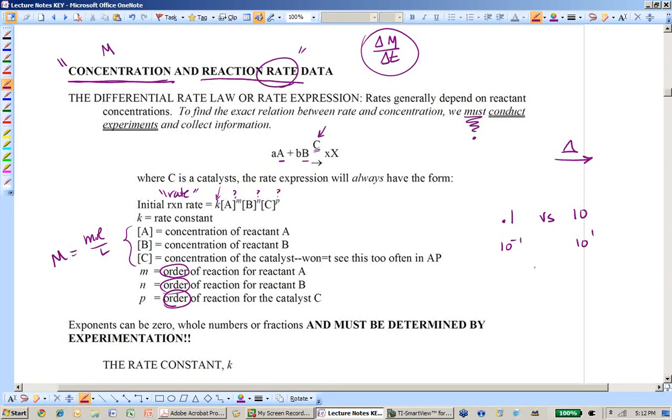So that would be off by 2 orders of magnitude. I don't know if the word order has come from that concept or what. It's just what we call it. I don't have the historical background on that, and I wish I did. If you Google it or find it, somebody let me know. I'll put it in somewhere. I'll give you credit. So M, N, and P are these little exponents up here in the rate law.